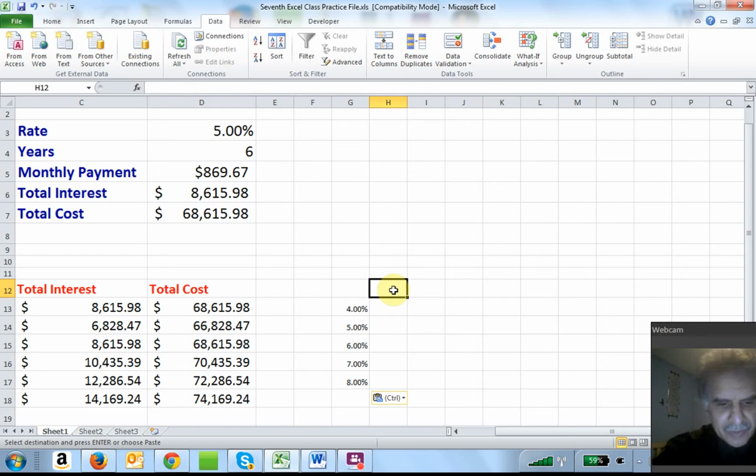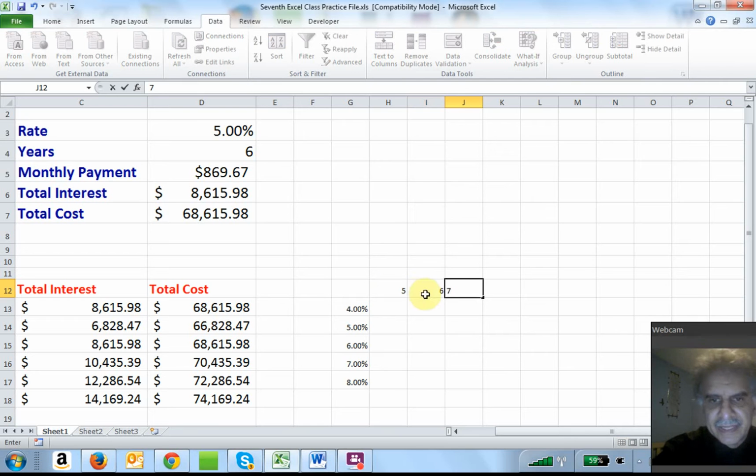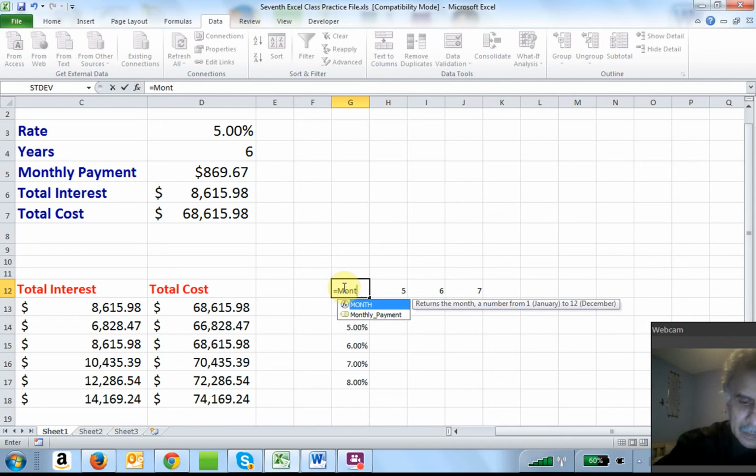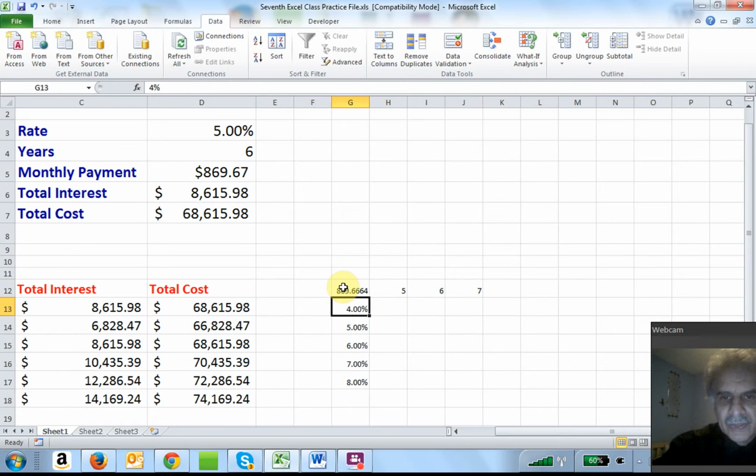Let's say I'm changing from 5 years to 6 years to 7 years. And now my monthly payment is the one that I'm going to look for.